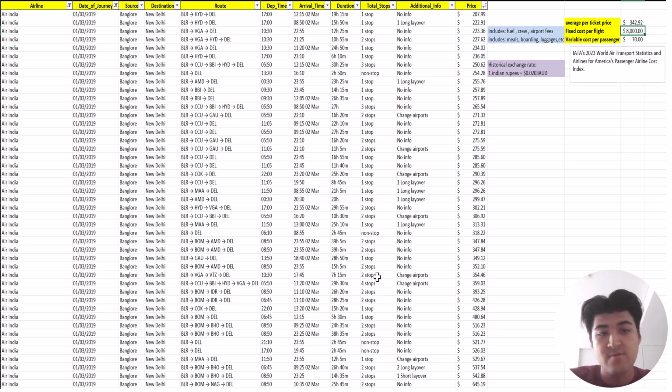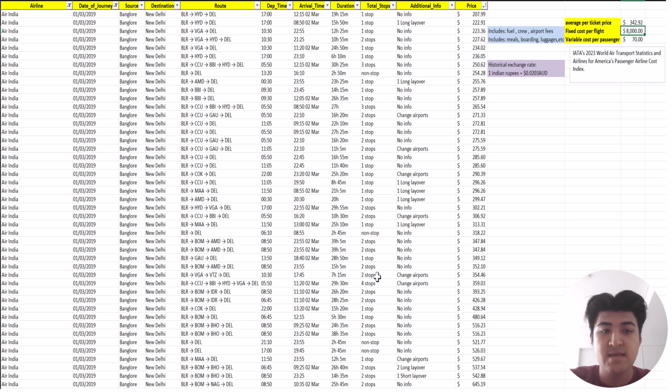What I did was use real ticket price data from Air India flights in March 2019 and filtered it to just one route, Bangalore to Delhi. I converted all prices to Australian dollars using the historical exchange rate for that period, which is 1 Indian rupee equals 0.0203 Australian dollars.